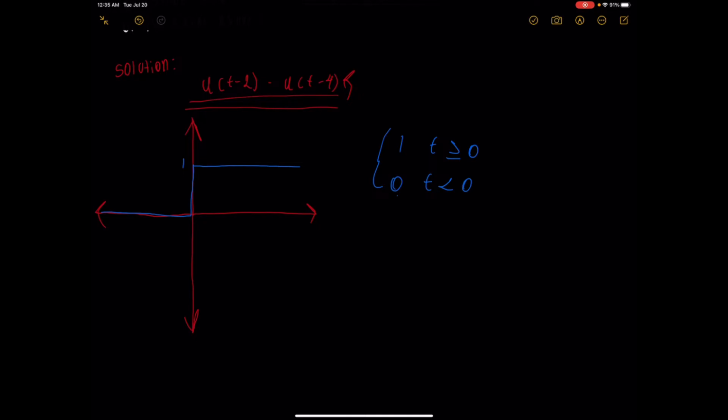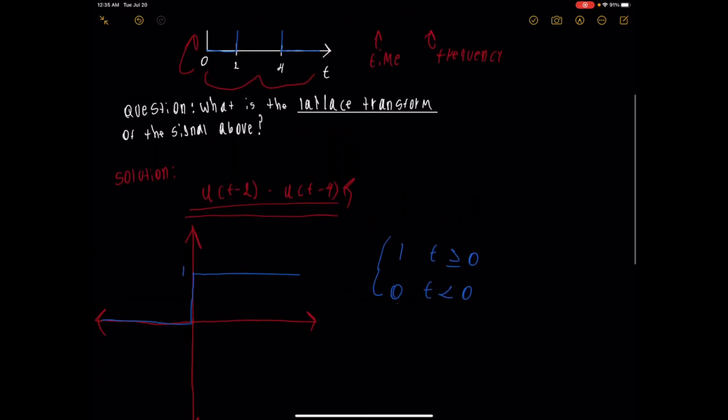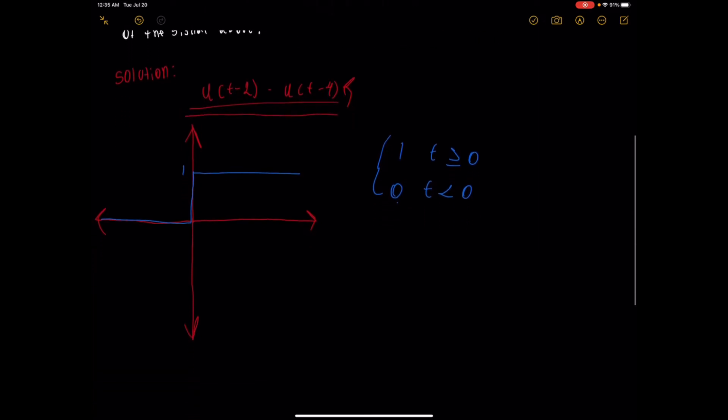I can go into a whole definition of why this is, but for right now, just trust me on this. This is just assuming that you have some sort of knowledge on signals. So what we have here, though, is u of t minus 2. So let me go ahead and work on that. So what we have is this right here.